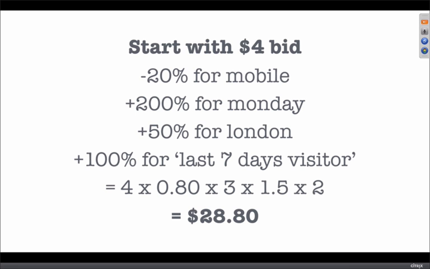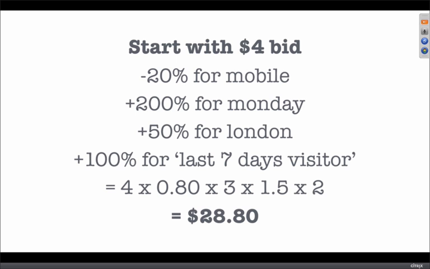Now, there is a fail-safe in here. I have heard people talk about you can bid up to $1,000 or something like that. The maximum bid modifier is going to be plus 900%. So even if you had mobile, where the maximum is 300%, and you were bidding up Mondays by 900%, super aggressive, and you were bidding up London by 900%, and you were bidding up RLSA by 900%, you're not going to end up with a $4,000 bid at the bottom.